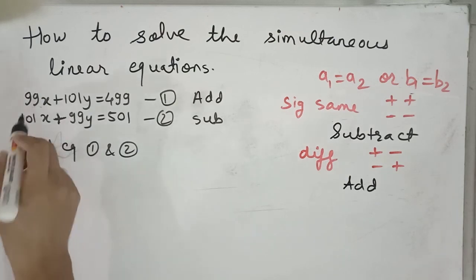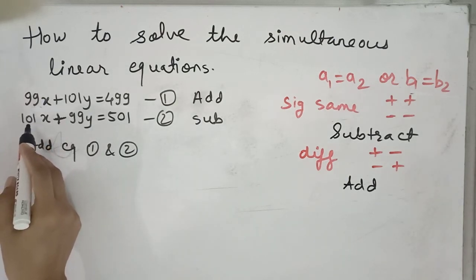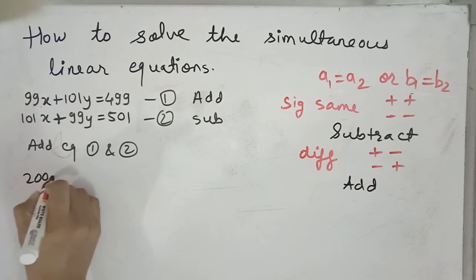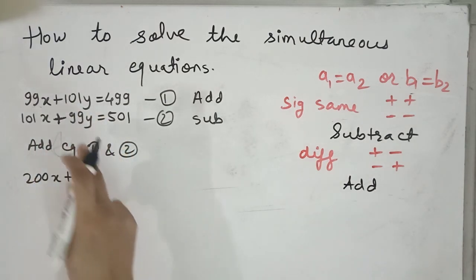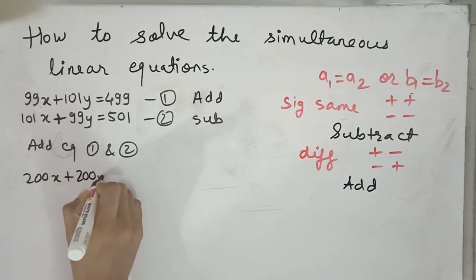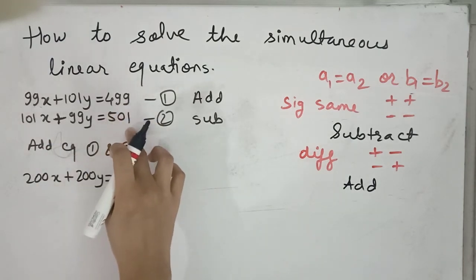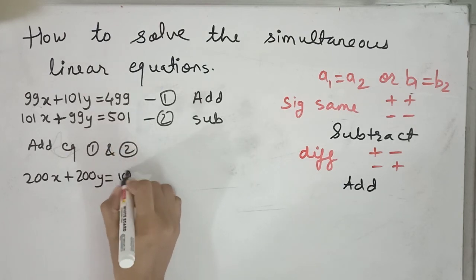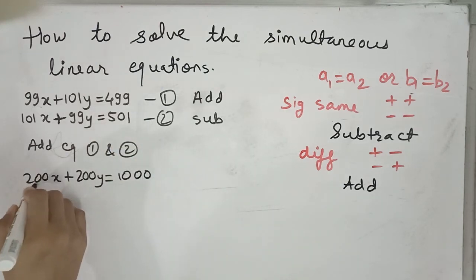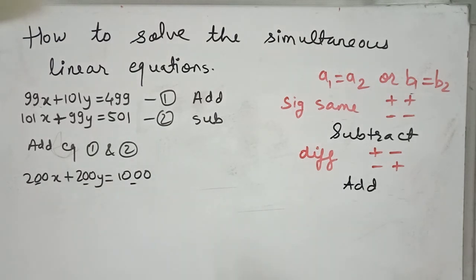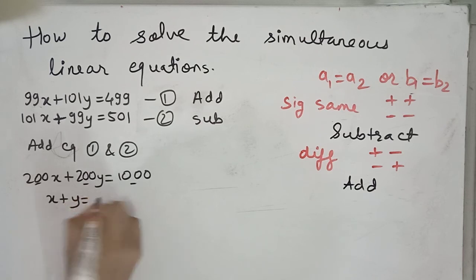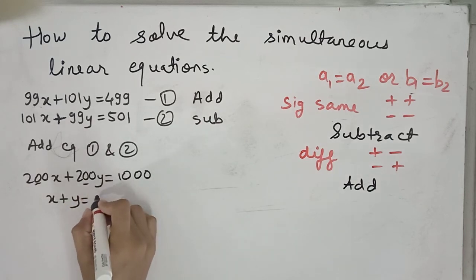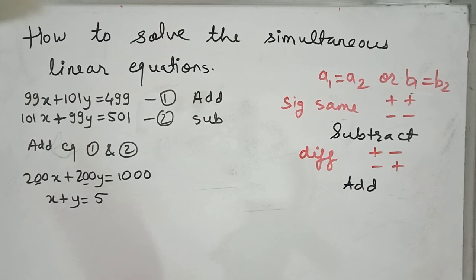Now adding the equation, 99x plus 101x will be 200x plus 101y plus 99y will be 200y is equals to 499 plus 501 will be 1000. Now we can divide the whole equation by 200. So this will become x plus y is equals to 1000 divided by 200 will be 5. So this is the simplest form of the equation.